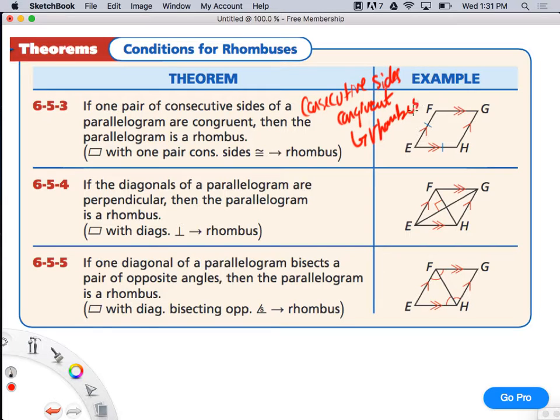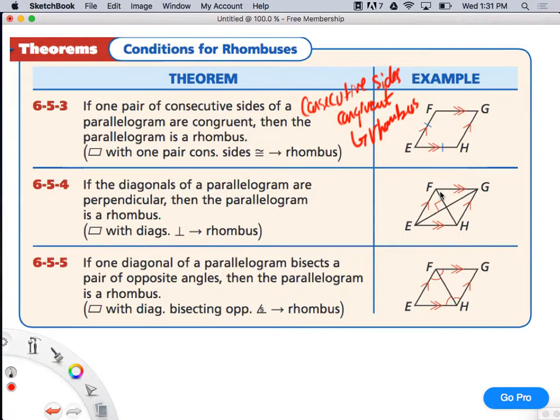So that means the line EH and EF are congruent. It's saying EH is congruent to EF. That's what those blue lines are.